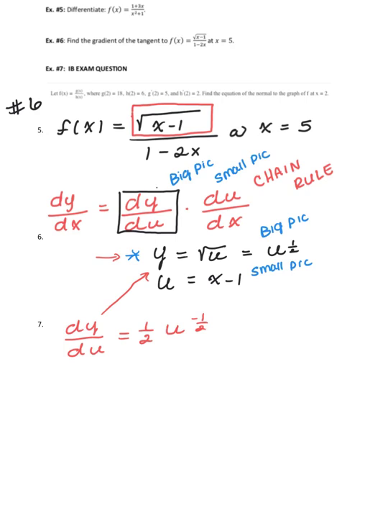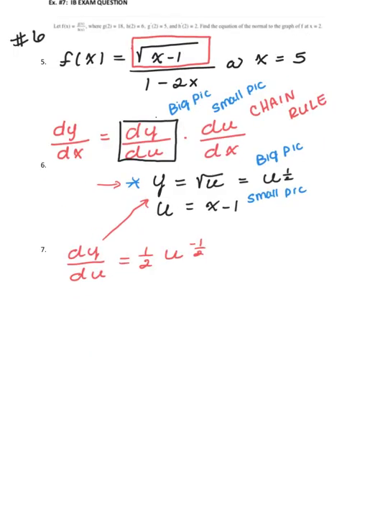And we say, next step is to find this du over dx, which is just 1, right? So the chain rule says take that dy over du times du over dx. So we're going to go ahead and replace u with x minus 1. Okay, we're going to substitute it back in.